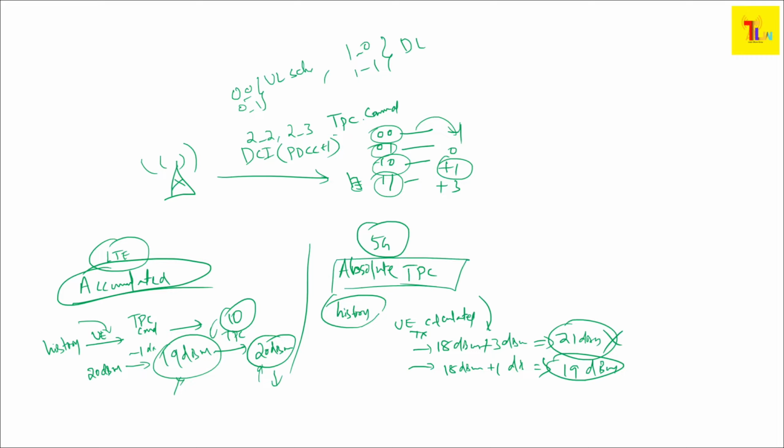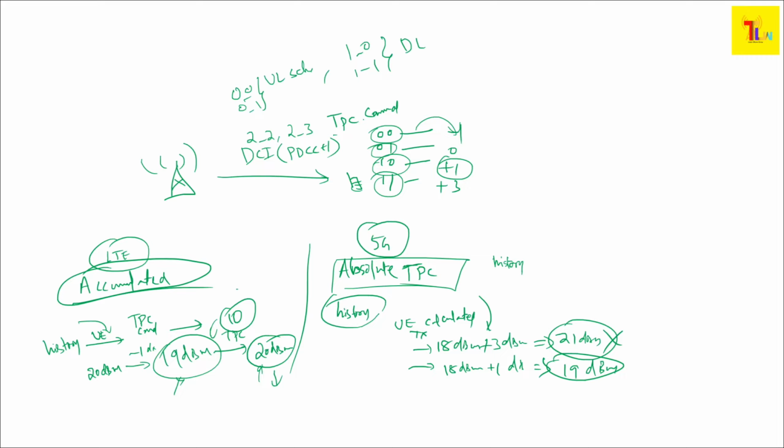And what is the benefit that we are getting with the help of this absolute TPC in 5G? Mainly, it reduces the overhead information of the history of your power adjustment. Sometimes what happens is that a TPC command is missed, and you will not know what is the history of your adjusted power.